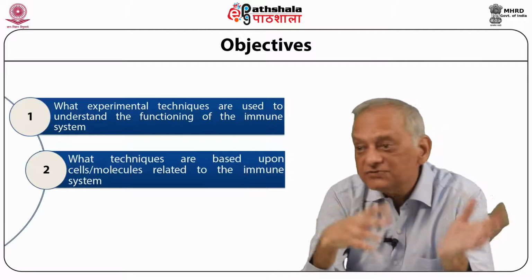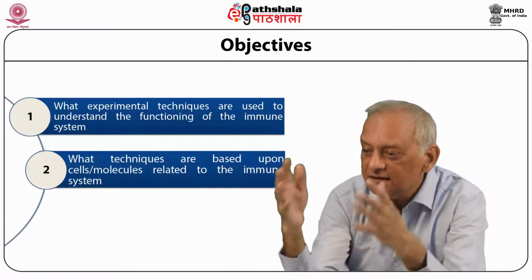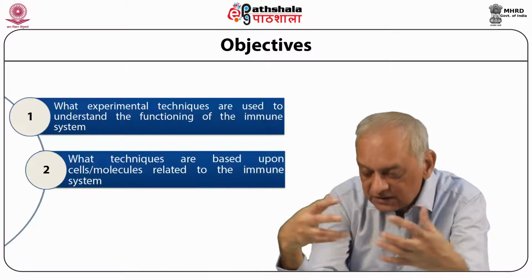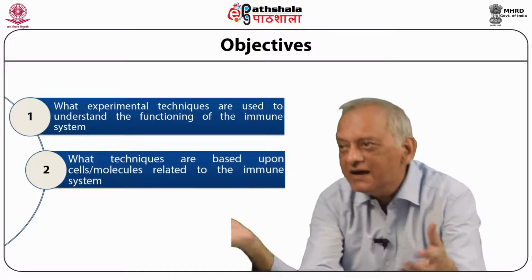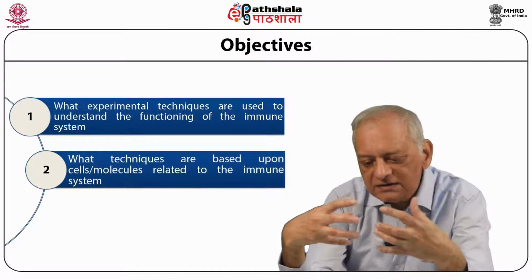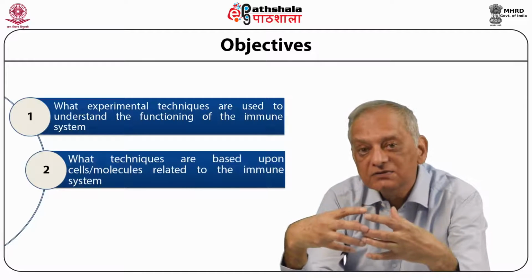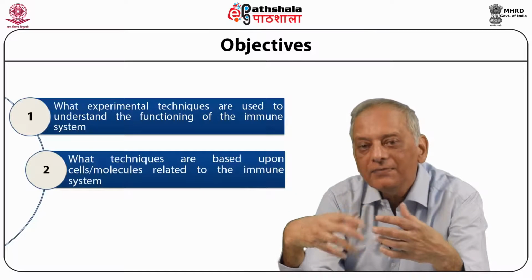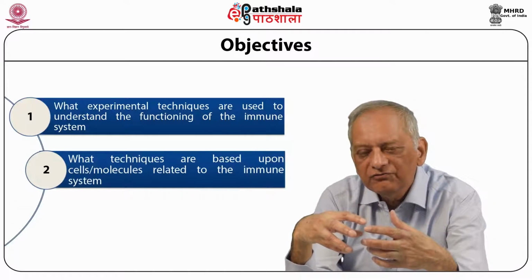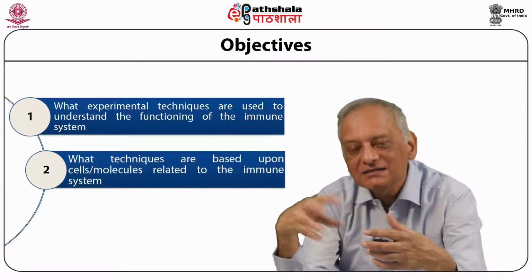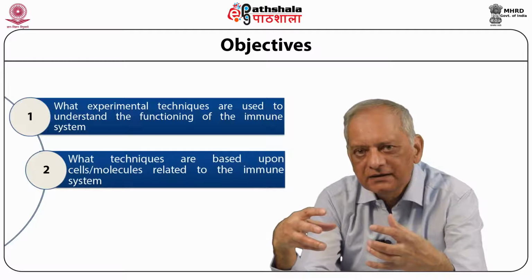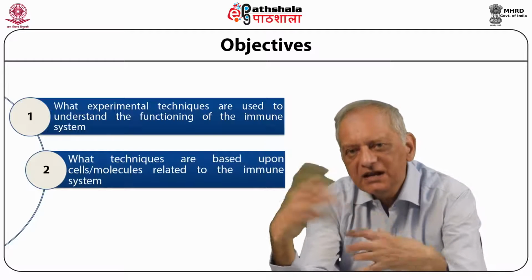So, that is one set of techniques, where I study the interaction between the molecules or the cells belonging to the immune system by spectroscopy. But then based upon the interaction between the molecules and cells of the immune system, I'm also able to generate some techniques which cannot be used by another set of molecules or cells. Not directly; some variation is possible.